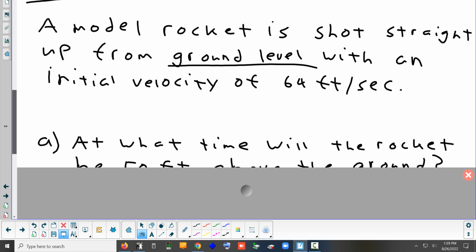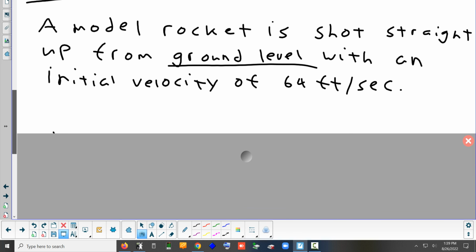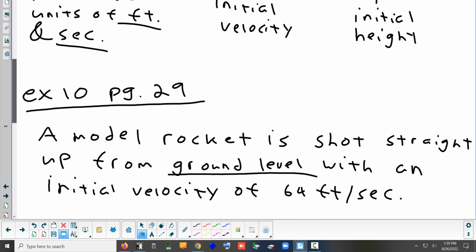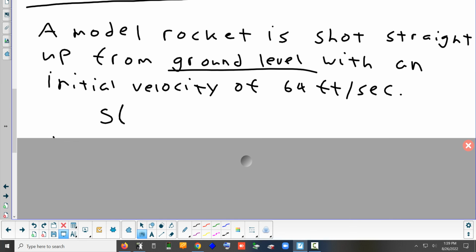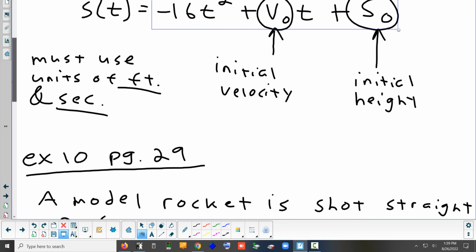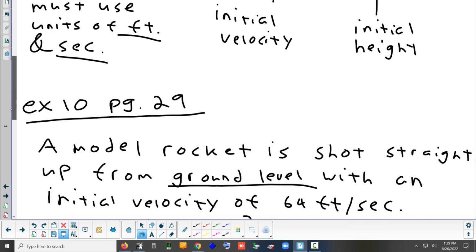And the initial velocity is 64 feet per second. So let's write down the formula, plugging in that information. The height as a function of time is going to be negative 16t squared plus v sub 0 t.